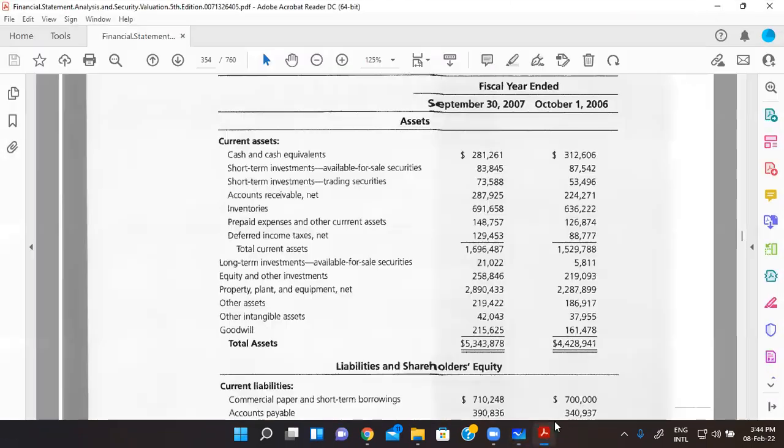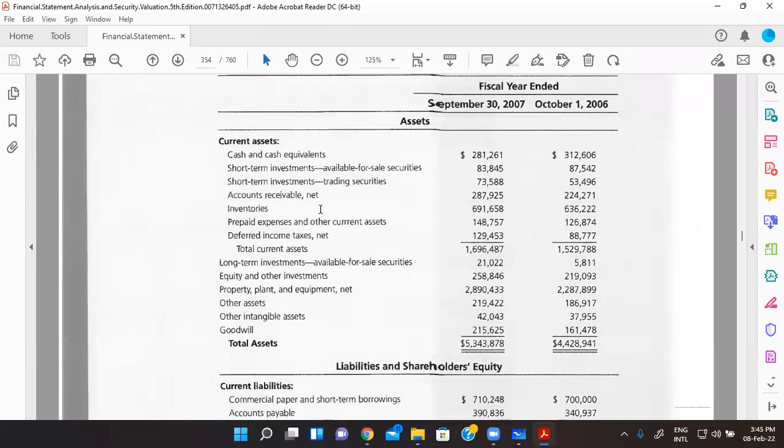Okay, next, prepaid expenses and other current assets. I have seen no more details about this, so you can think of this as a part of operating.